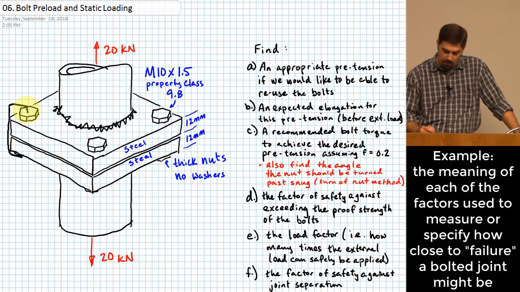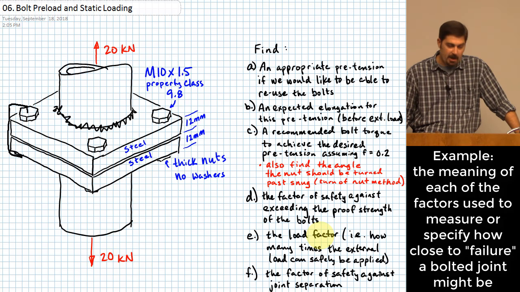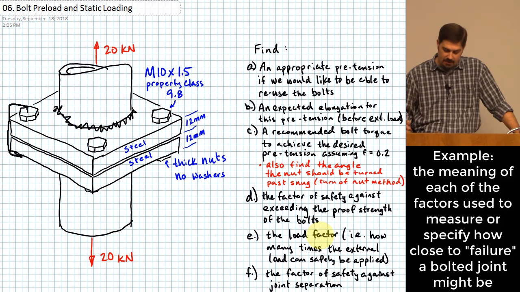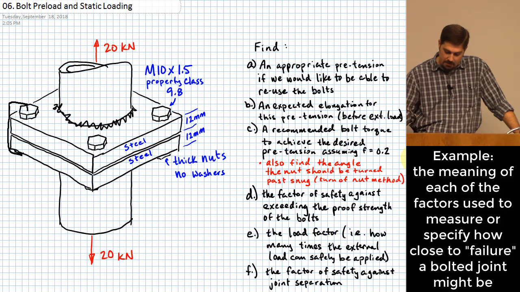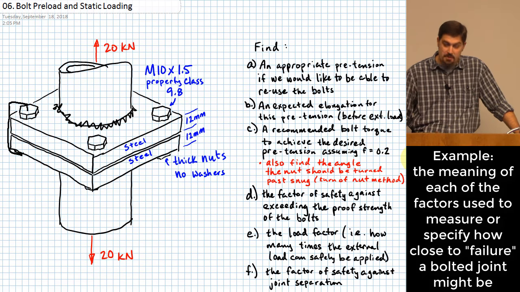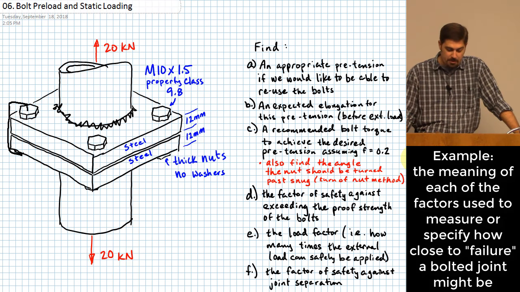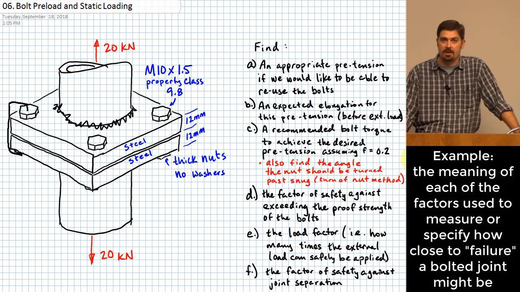And so we have more than one technique of specifying how bad our loading situation is on our bolts. One is factor of safety against exceeding proof strength. Another one is a load factor. And then the last one is a whole other idea: at some point you've put so much load in the bolt that you have the capacity to cause separation between the pieces of material that you are clamping.